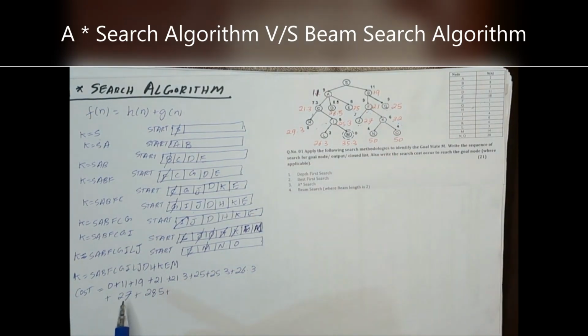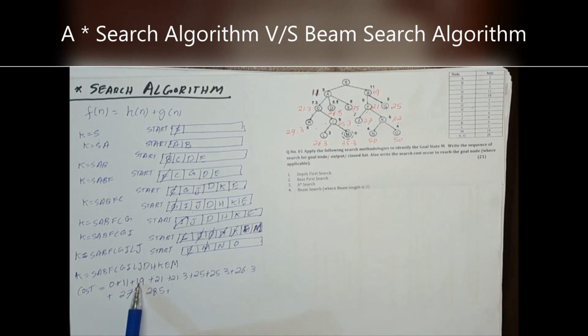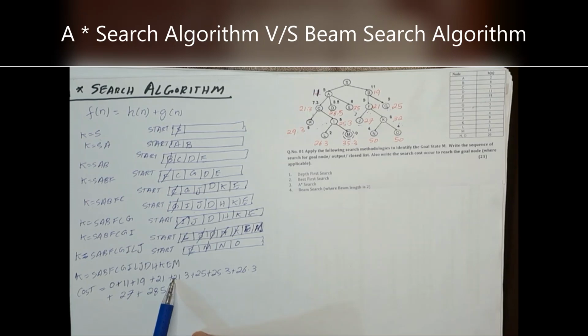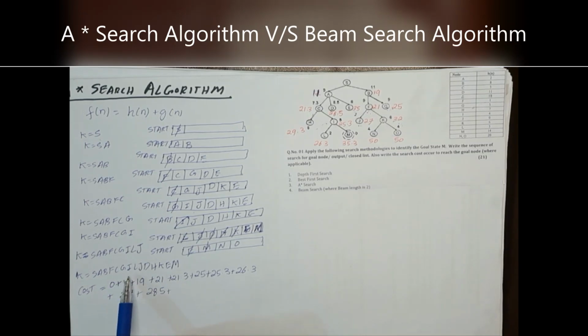Okay, let's start again from the beginning. C0, A is 11, B is 19, then we have F here, 21, G we have here 20.